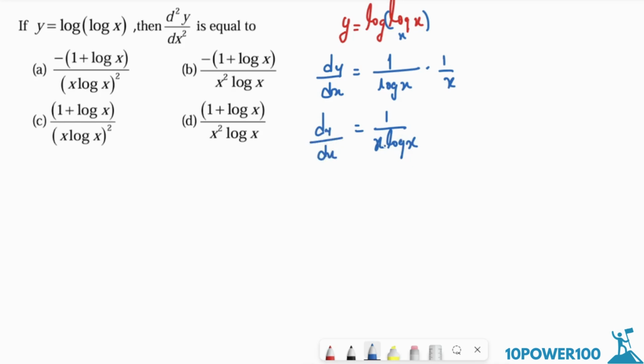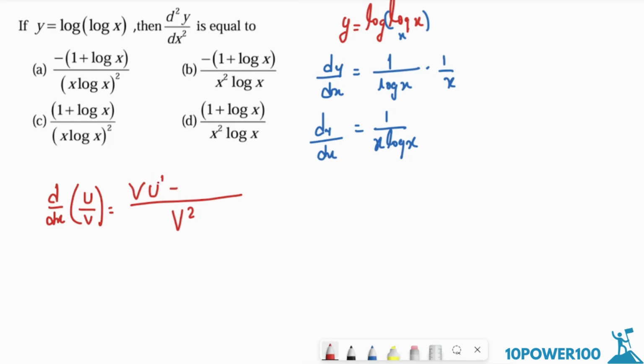Now to do one more differentiation, we have to use the quotient rule. In fact, it can be done normally also, but there are two functions in the denominator. That's why we have to use the quotient rule. Remember the formula: d by dx of u by v is equal to, first you always take v square, the denominator square, and then the differentiation of numerator, minus the opposite of this.